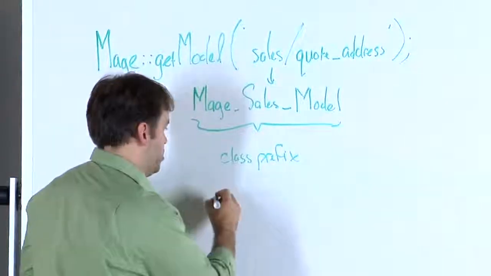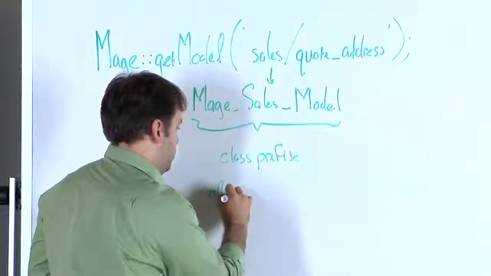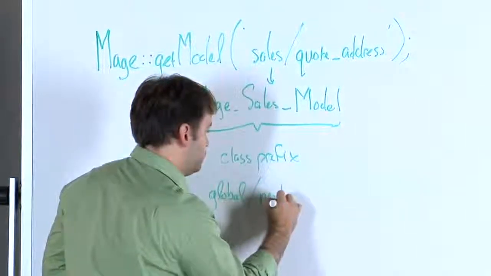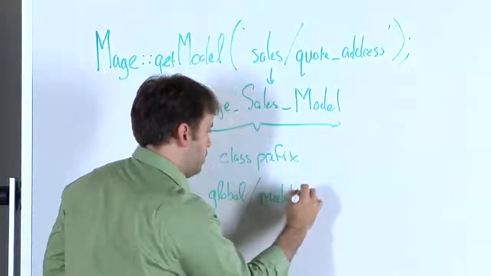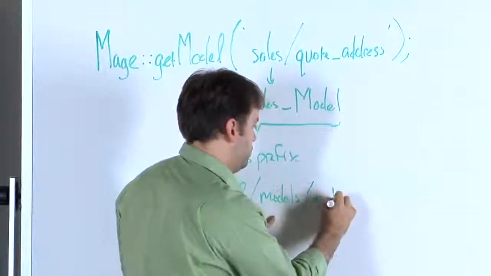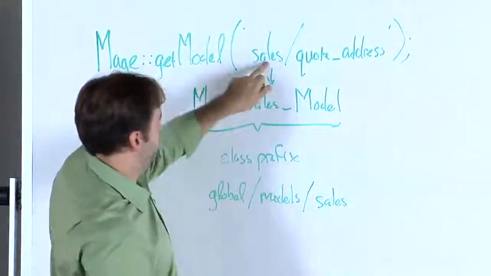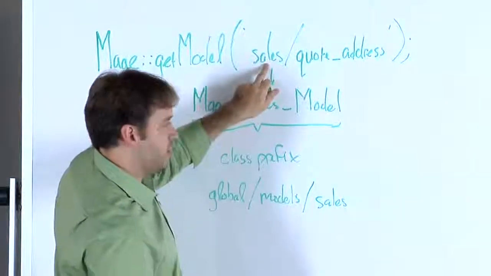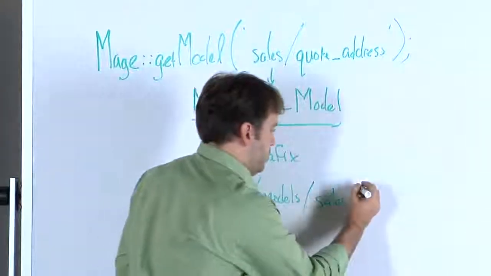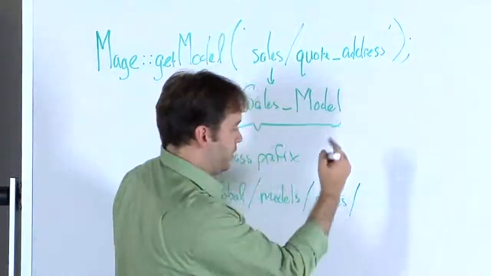This node in the configuration is global models sales. So we just use Mage Core Model Config to look here, and then look for the class node.